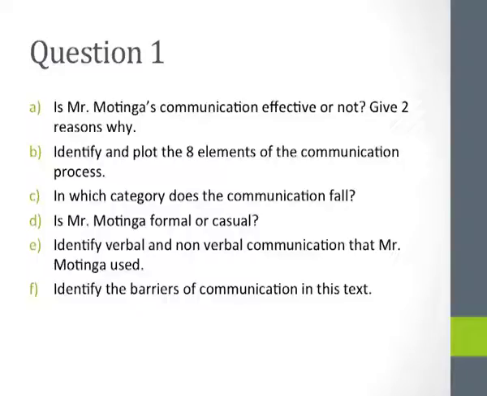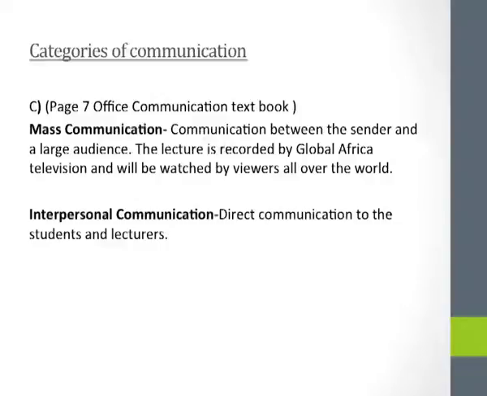Question 1C, in which category does the communication fall? Categories of communication are on page 7 in your office communication textbook. You get different types of communication. And in this case, in this example that we have, we've noticed that there is mass communication. Mass communication is the communication between the sender and a large audience.